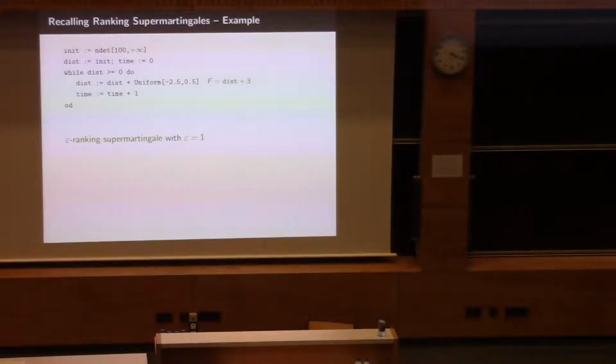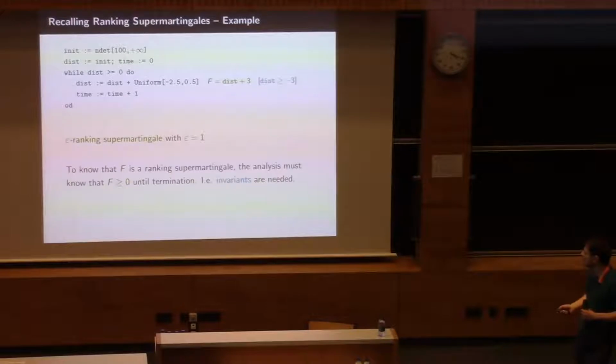Now, an interesting point here is that for an automated analysis to recognize that this dist plus 3 is actually a ranking supermartingale, it must know that it satisfies all the required conditions. For example, that it is non-negative inside the loop. So it must know that dist is, let's say, at least minus 3. In other words, the analysis must be supplied with some program invariants in order to deduce the correct supermartingale. And these invariants are also the key for adapting this technique to the quantitative case.